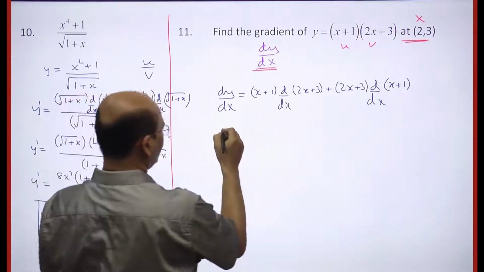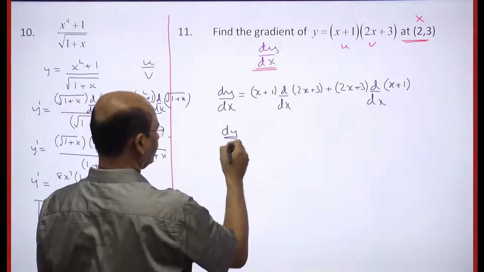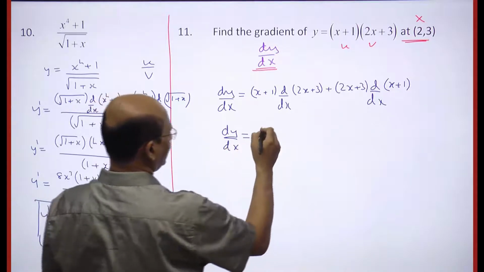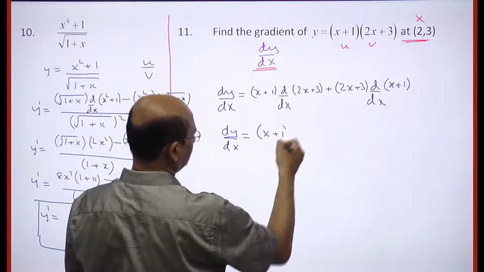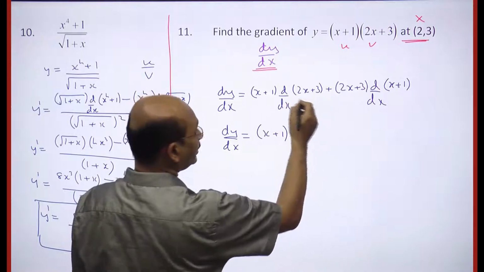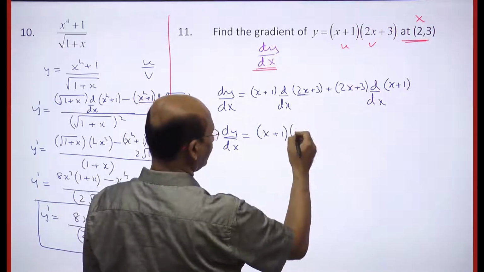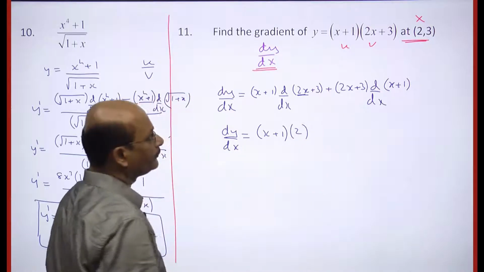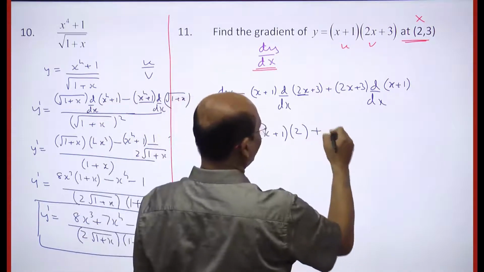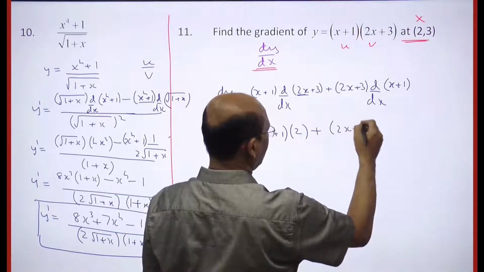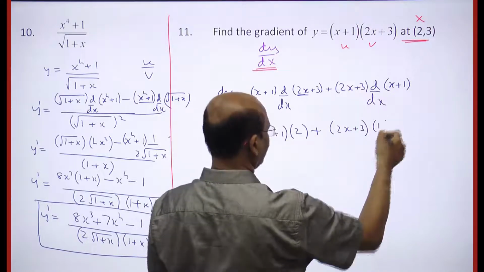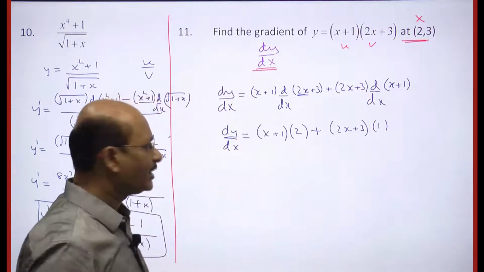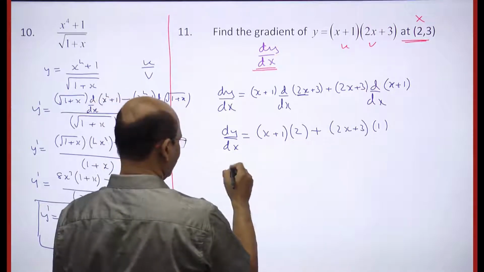Then go ahead with the normal function here: dy by dx equals (x plus 1), I told you never forget the bracket, times the derivative of 2x plus 3. The derivative of 2x is 2 and the derivative of a constant is 0. So it comes to plus (2x plus 3) times the derivative of x, which is 1. My game is over.